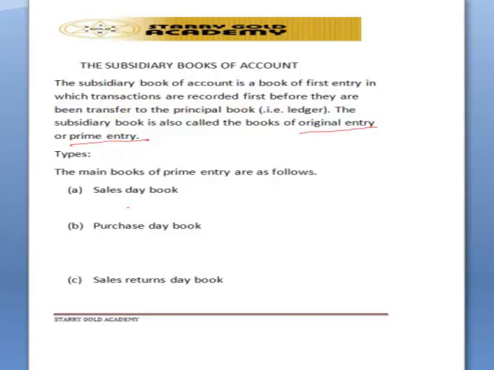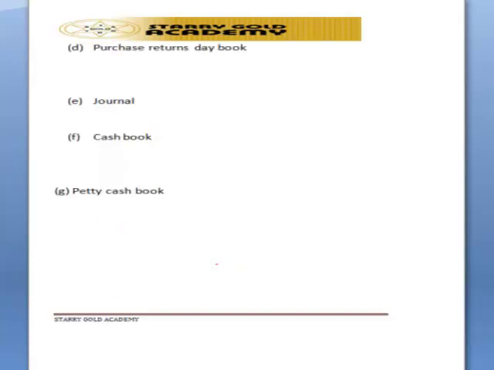What are they? They are the sales day book, purchases day book, sales return day book, purchases returns day book, journals, cash book, and finally petty cash book. These are the books of original entry or prime entry, or what we call the subsidiary books of account.